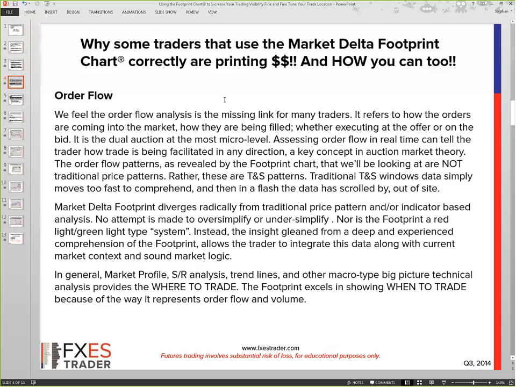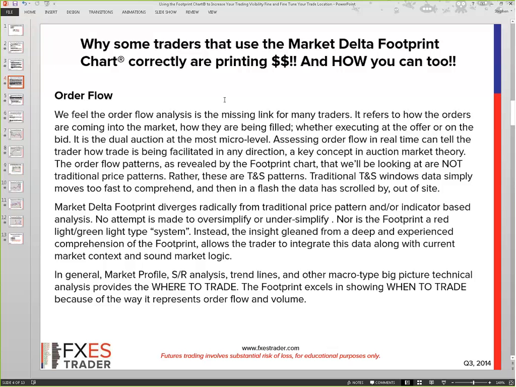What is difficult to do is once you get to those levels, if in fact there is going to be some sort of rejection or any kind of response to selling or buying in these areas, how to spot that in terms of order flow, okay?